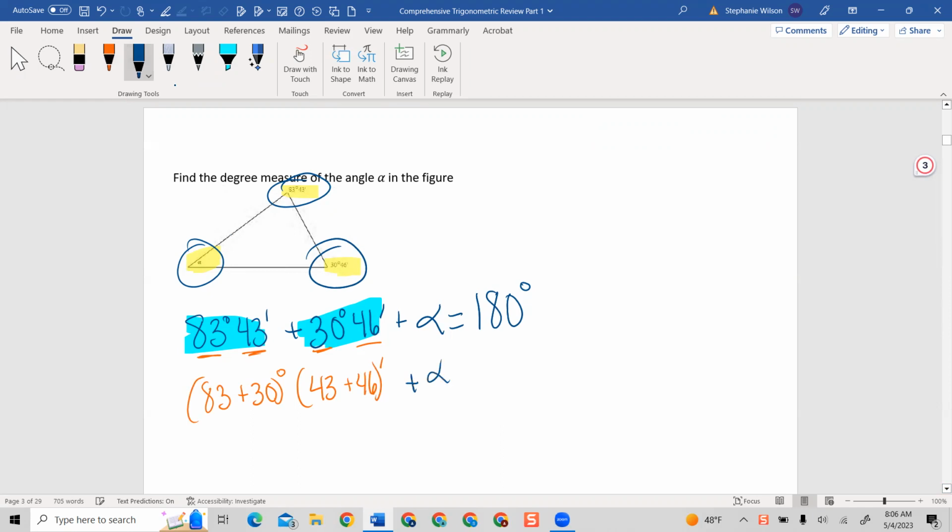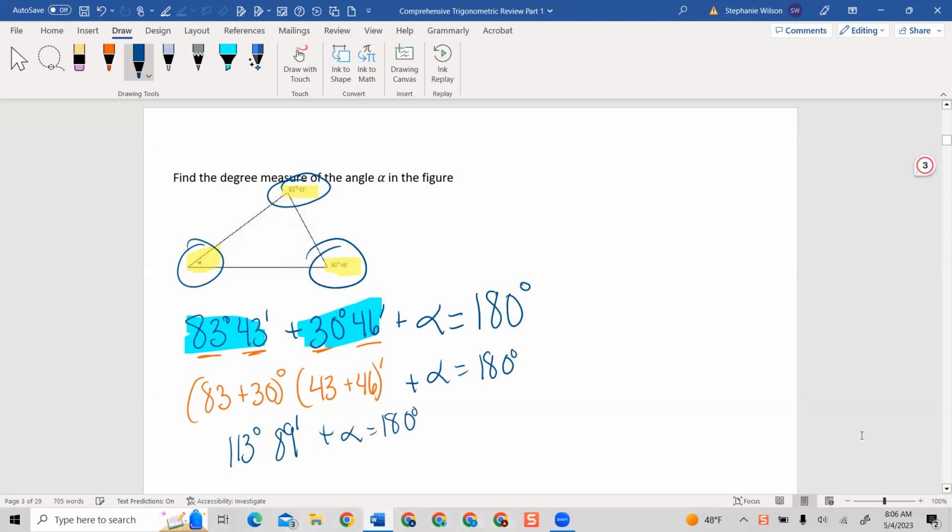All plus this alpha equals 180 degrees. Now, 83 plus 30 gives me 113 degrees. The 43 plus 46 gives me 89 minutes added to alpha equals 180 degrees.